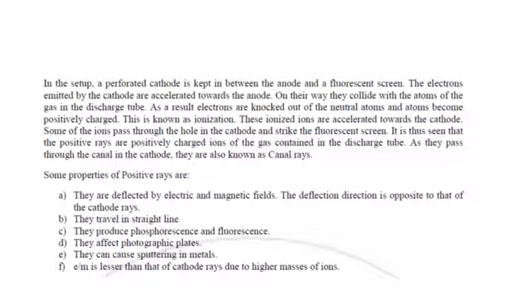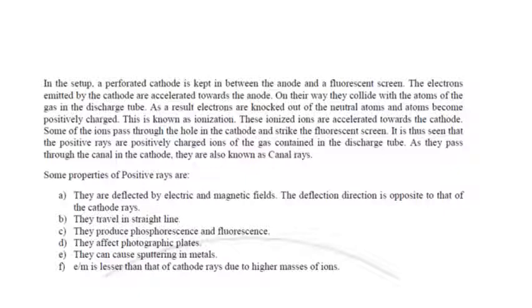They travel in a straight line. They produce phosphorescence and fluorescence. They affect photographic plates and can cause sputtering of metals. If the beam is very strong and strikes a metal, it can sputter the metal, ejecting metal particles.